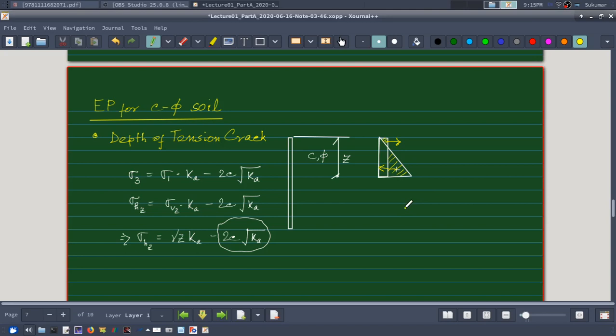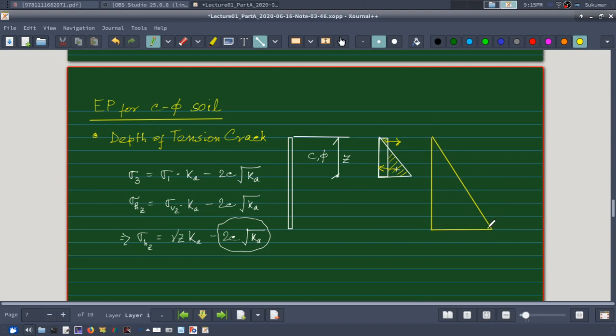Okay, so if I draw for the whole height of the backfill, then I will have a larger, more legible picture.